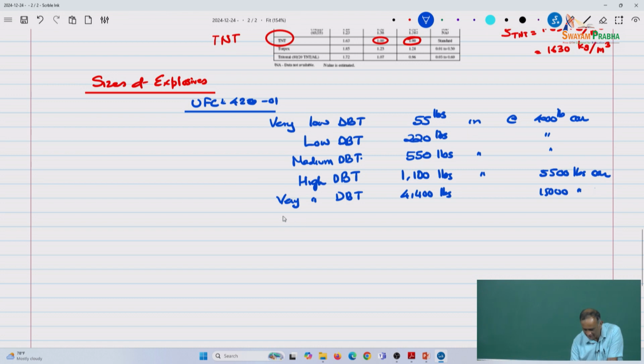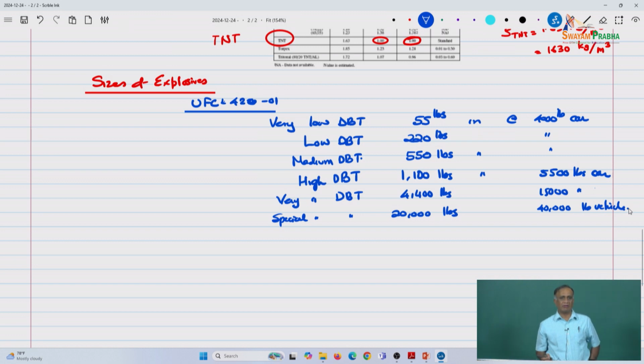And then you have very special cases, like the Khobar Towers. So these are not unreasonable or impractical numbers that you are designing for.